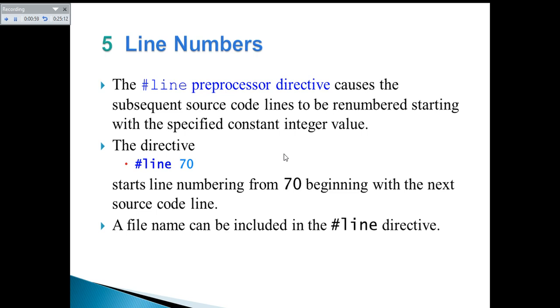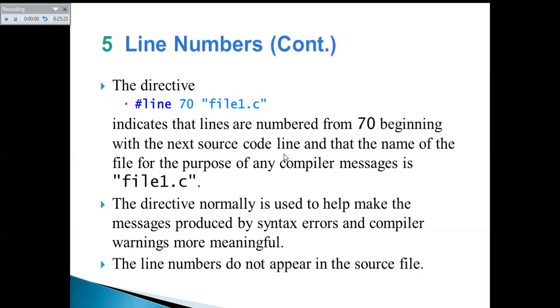A file name can be included in the hash line directive, so you can include a file name in the hash line directive itself. The directive hash line 70 file1.c indicates that lines are numbered from 70 beginning with the next source code line, and that the name of the file for the purpose of any compiler message is file1.c.